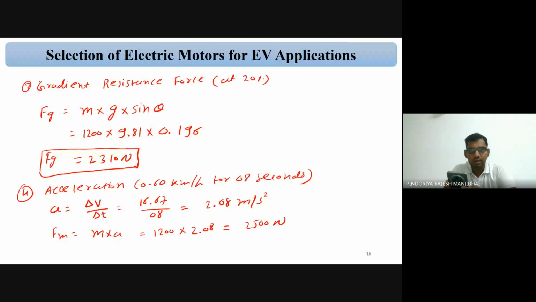The sine inverse option is not available in my calculator. Do you have a scientific calculator? Just 1 minute.